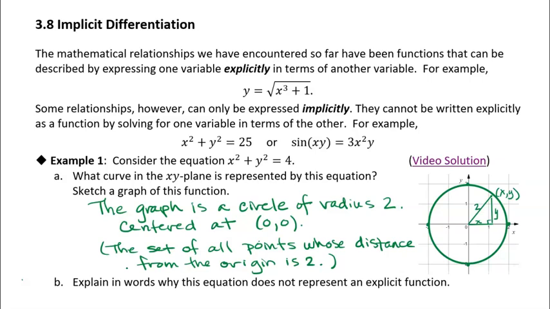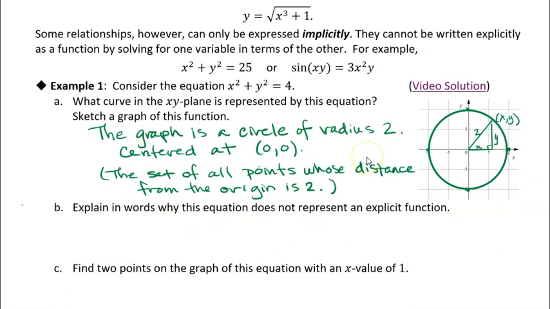That's because x squared plus y squared equals 4 describes all the points where the distance from the origin is 2. All the points equidistant from the origin, 2 units away, form a circle.